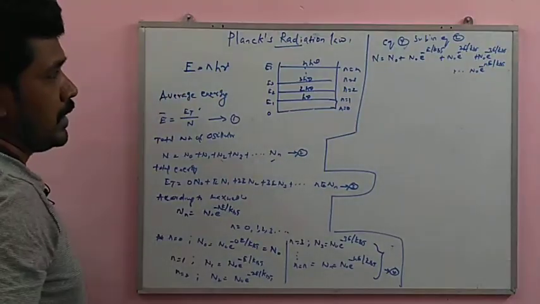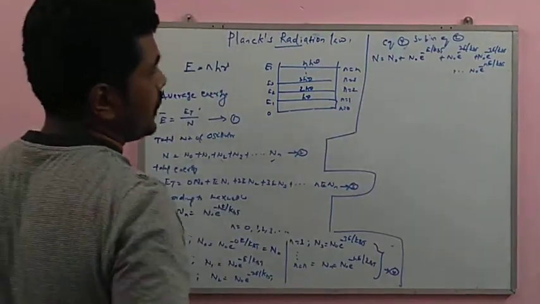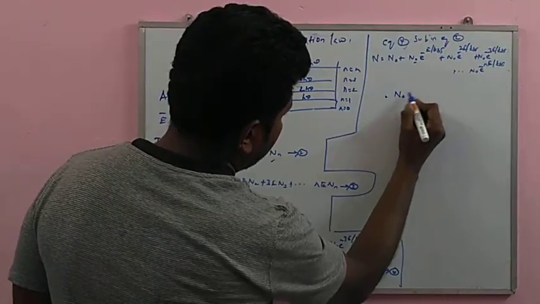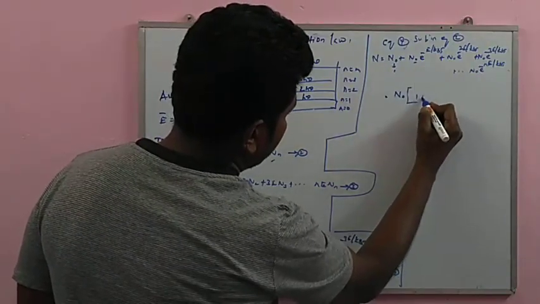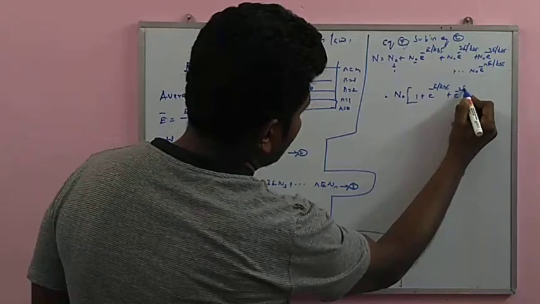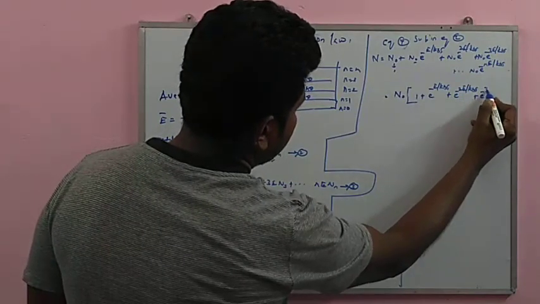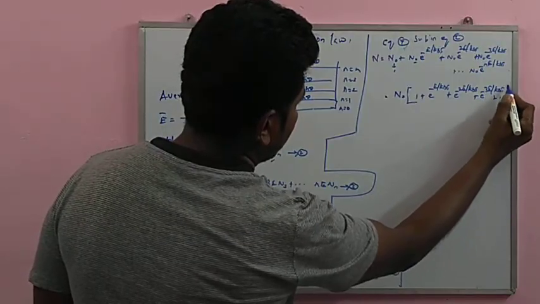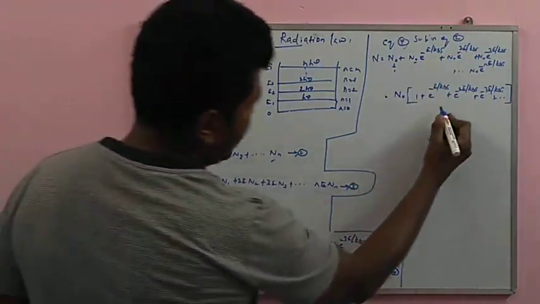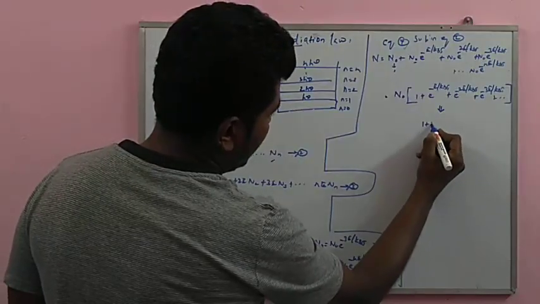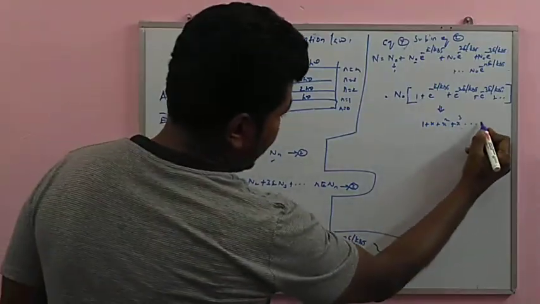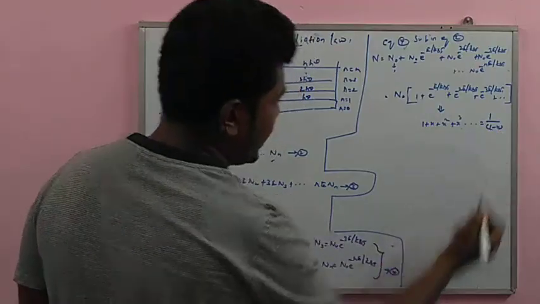Now N0 is a common factor. So we get 1 plus e power minus E by kBT plus e power minus 2E by kBT plus e power minus 3E by kBT plus etc. Mathematically, these values form the series 1 plus x plus x square plus x cube, whose sum is 1 by 1 minus x.